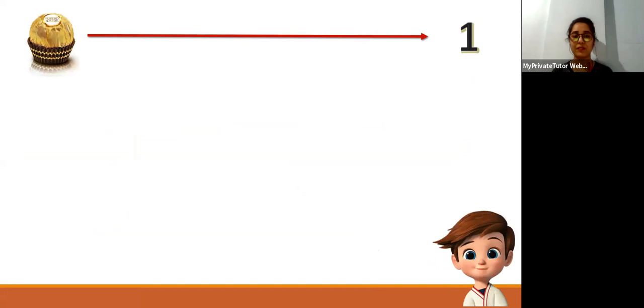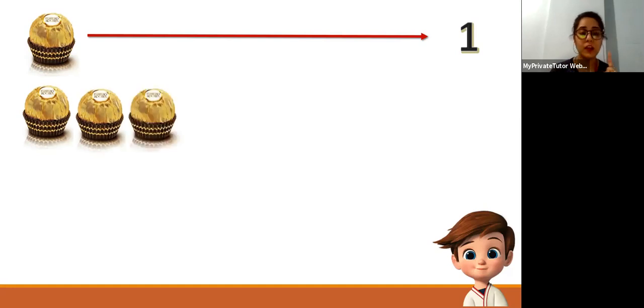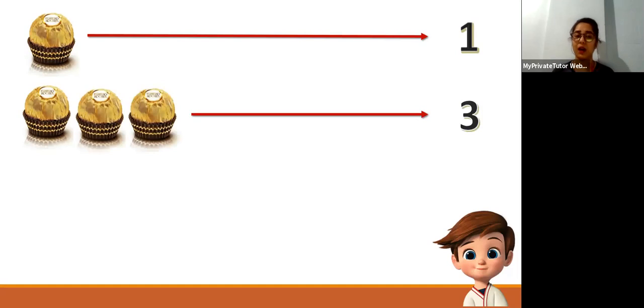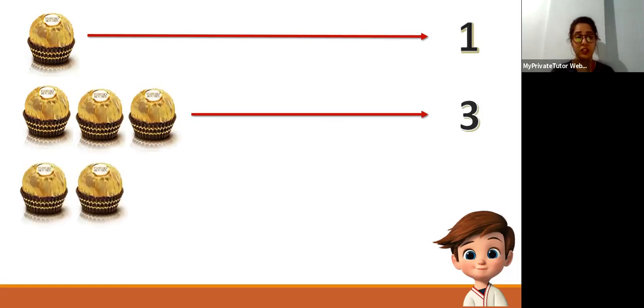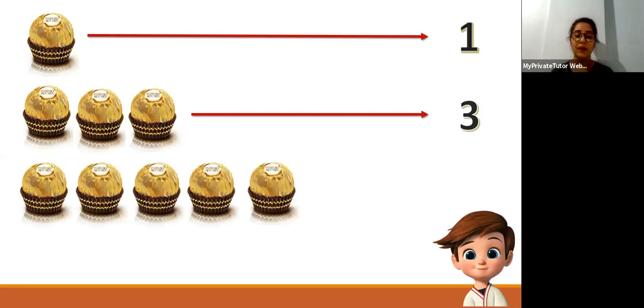The previous number of chocolates he got was one at the starting. That means how many more will he be getting? Two more. So now he gets three chocolates. Now he got three chocolates, so how much will he get next? Two more, so it will be five.